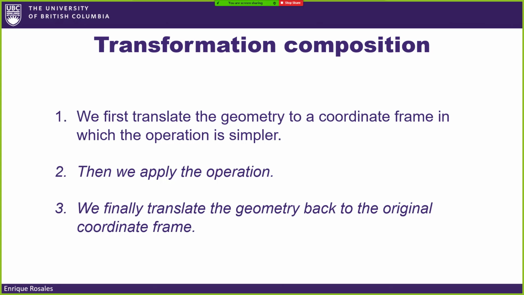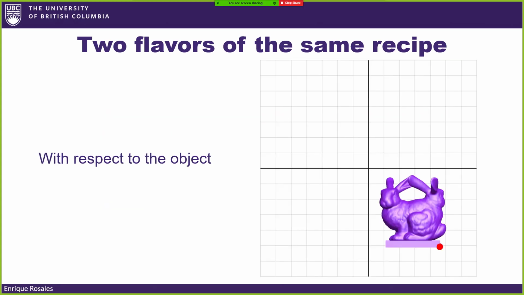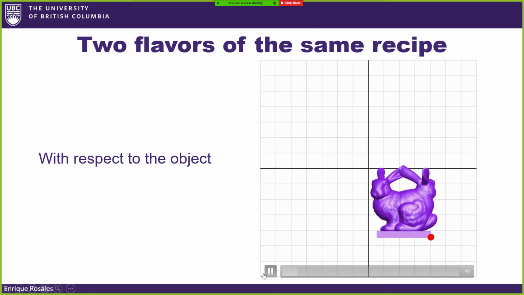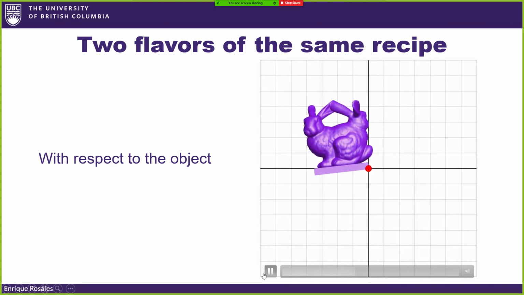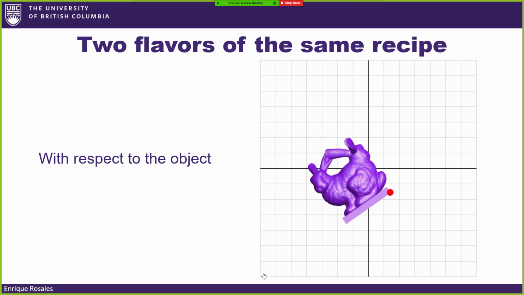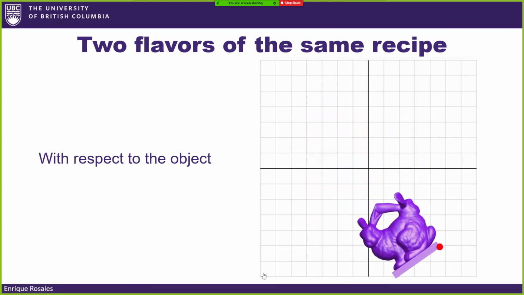for composing transformations. And there are basically two flavors of the same recipe. You can do that with respect to the object, which is like this animation here, in which you take the object, you translate the object to the origin, then you apply the rotation and you get the object back. Okay.